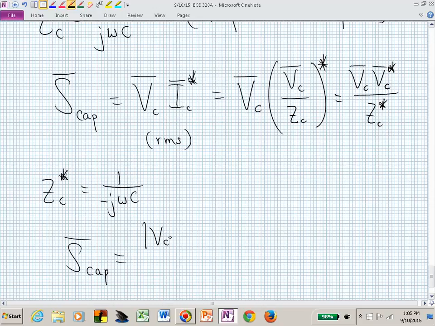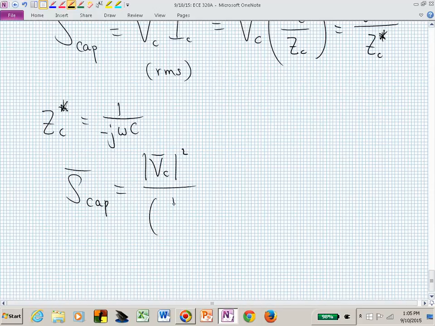We now can say that the capacitor's complex power is the magnitude of that voltage squared divided by 1 over minus j omega C. That will jump upstairs into the numerator, and now we have that expression for the complex power of our capacitor.